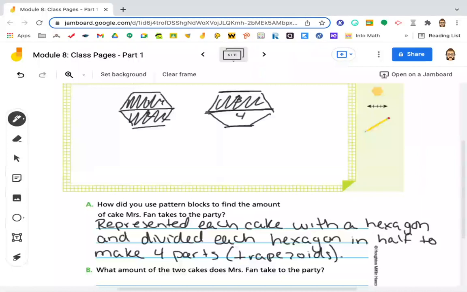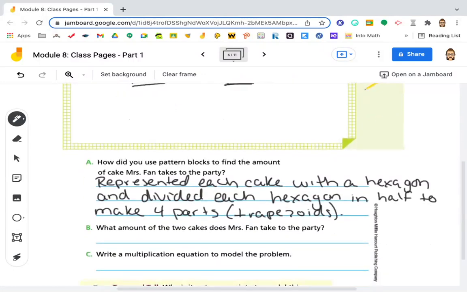So what amount of the 2 cakes does she take to the party? Well, we have 1 full cake plus a half of another cake. So 1.5 cakes. And it says write a multiplication equation to model the problem.